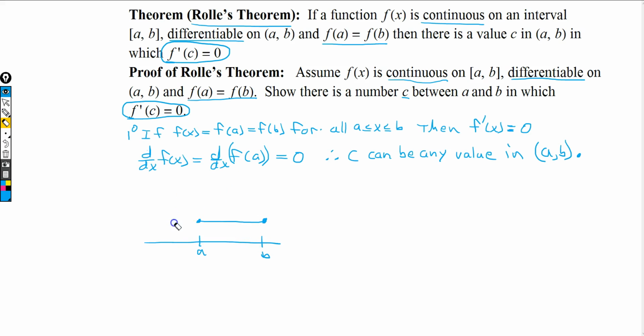Now let's take a look at case 2, suppose f of x is not constant. Before we start this case, if f of x is not constant, there are three sub-cases that can hold. The graph of f could look like one of these cases.